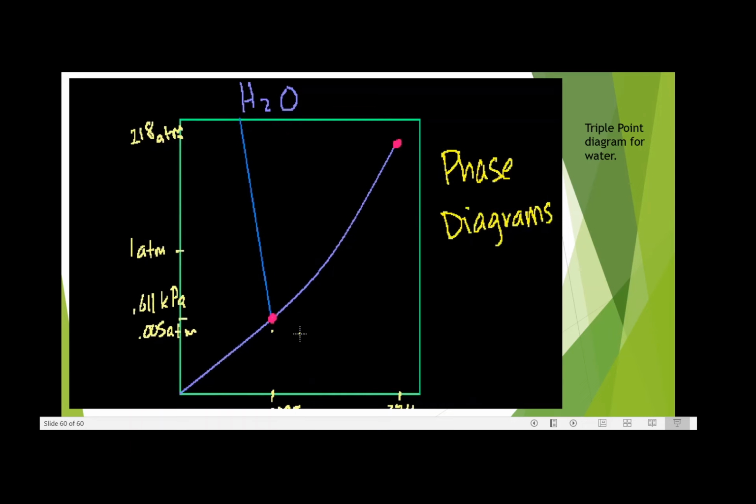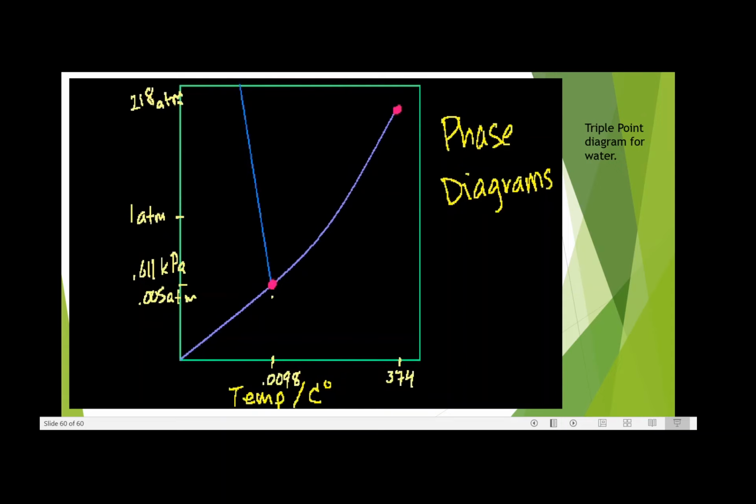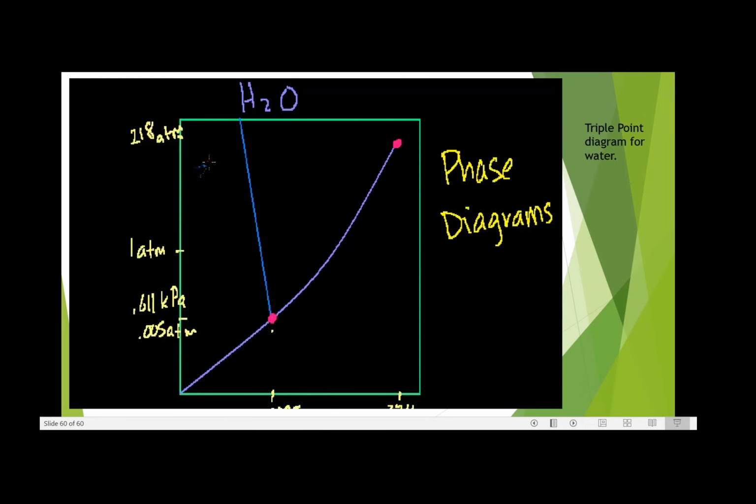And this is a phase diagram for water. So just to understand what's going on here: on this axis I have pressure, on the x-axis I have temperature. At any given point, this diagram will tell you whether you're dealing with a solid, which will be here, a liquid, which will be here, or a gas.